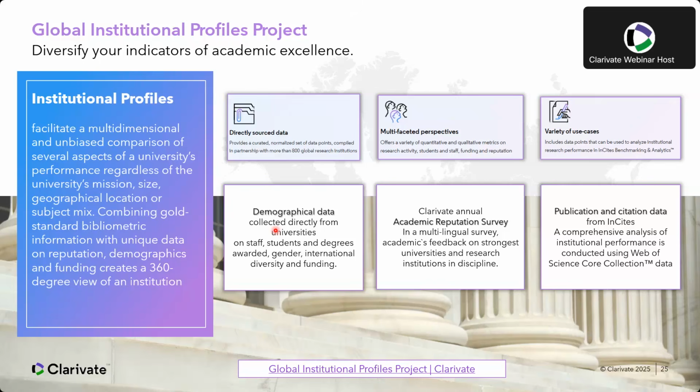What's the ratio, and how is that ratio compared to the world, right? So that's what we typically call demographical data, but also academic reputation. So we run a survey, number of degrees awarded, and so on, international diversity, funding, gender. So lots of data around demography, and also, of course, publication and citation data.